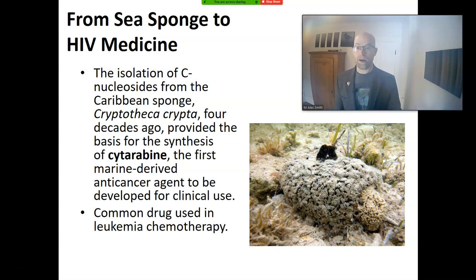It's a common drug that's used for leukemia, chemotherapy, and involved in the treatment of HIV. So sponges, not just cool to look at, not just creating feeding currents and looking at asconoid, leuconoid, synconoid, those kinds of things, but actually being used and depended upon by humans today.